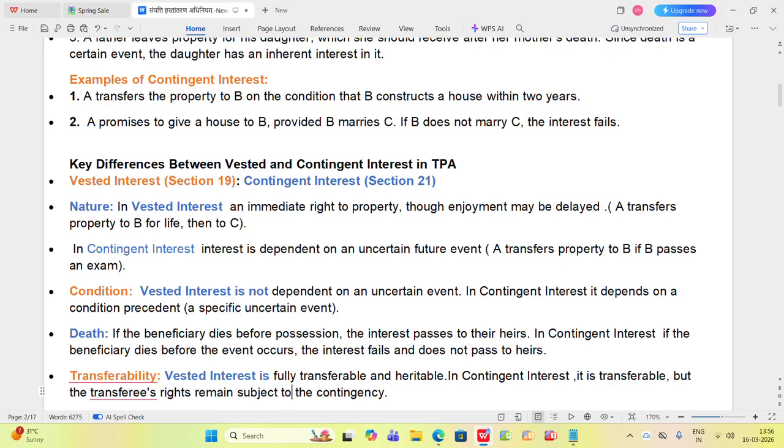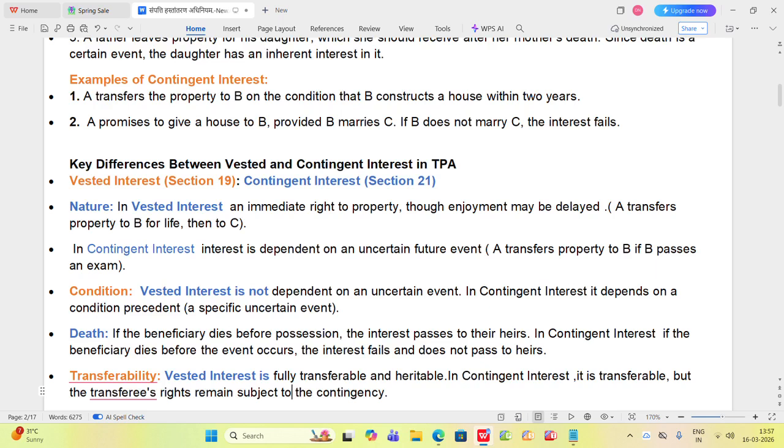But in contingent interest, the interest is dependent on an uncertain future event. How? A transfers property to B if B passes an exam. There is a condition. So if B passes an exam, then A will transfer that property. If B fails in an exam, then that property will not be transferred to B.